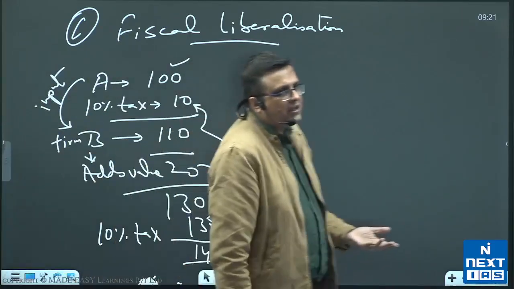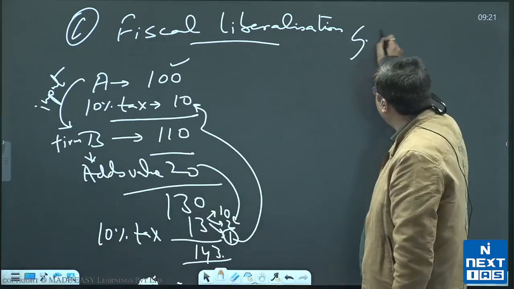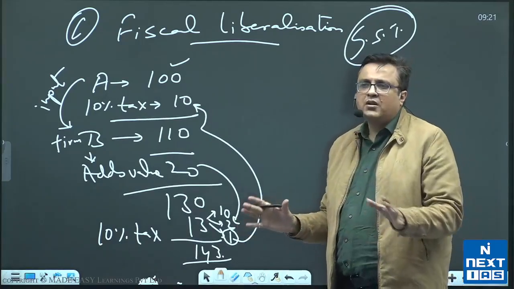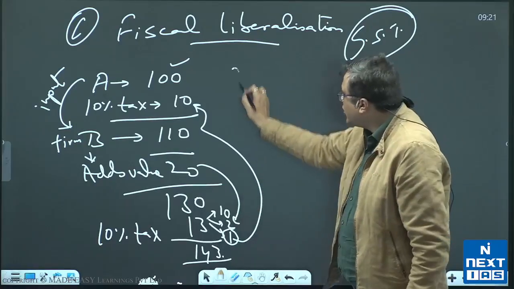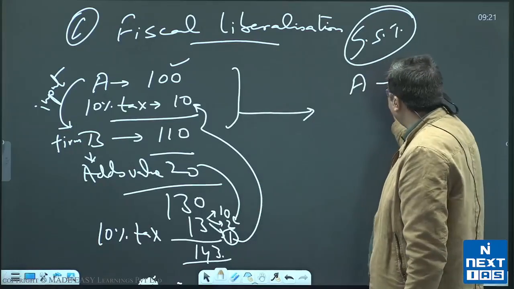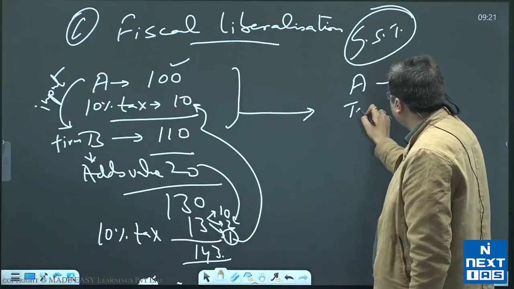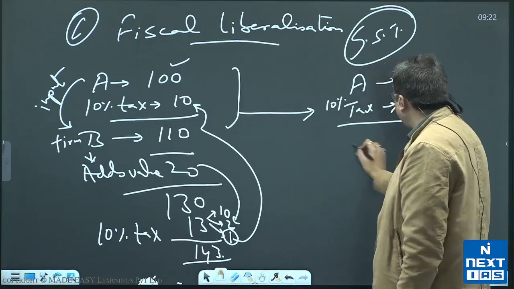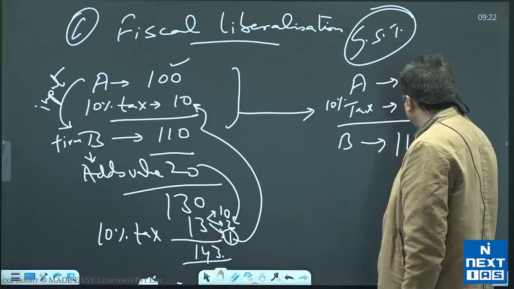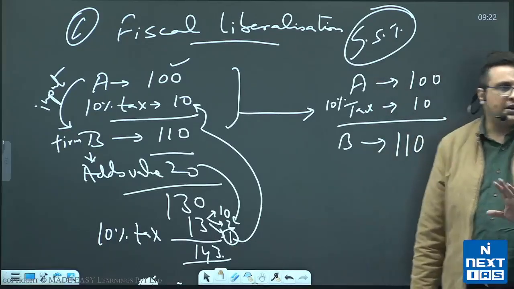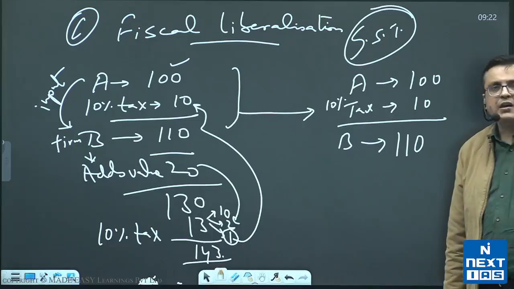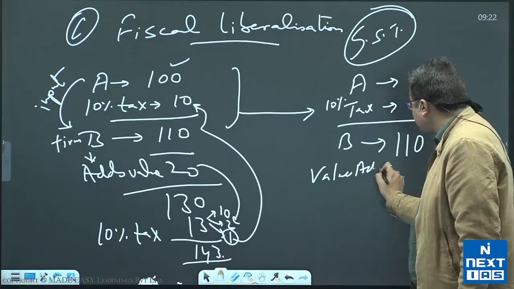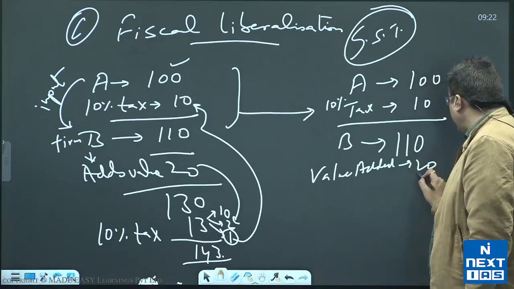On the other hand, if I create a situation where say something like GST comes up, where whatever tax you pay on input will be refunded, then this story will remain same. A will produce something for 100, say a tax 10% will mean 10, B gets it for 110. Now B is told that you don't worry, whatever value you add, say the value added by B is 20.